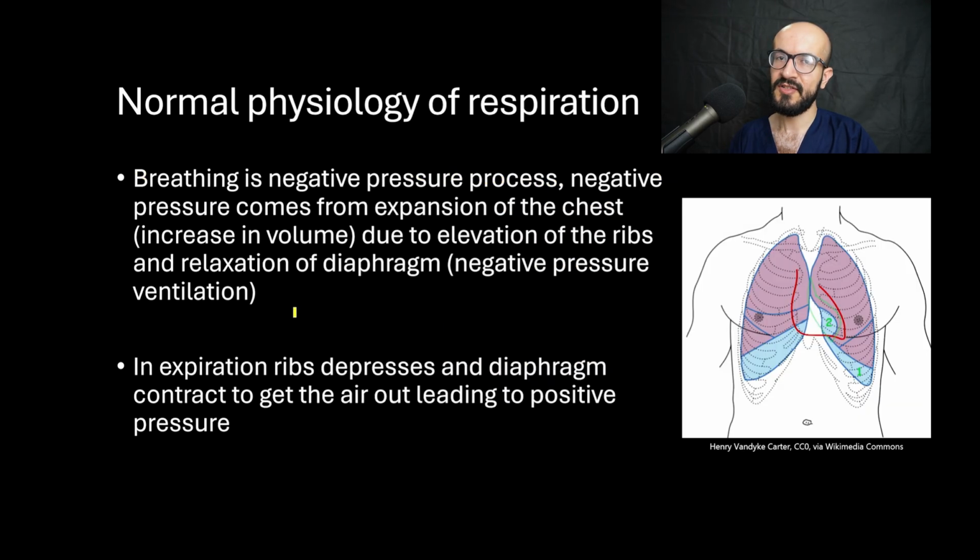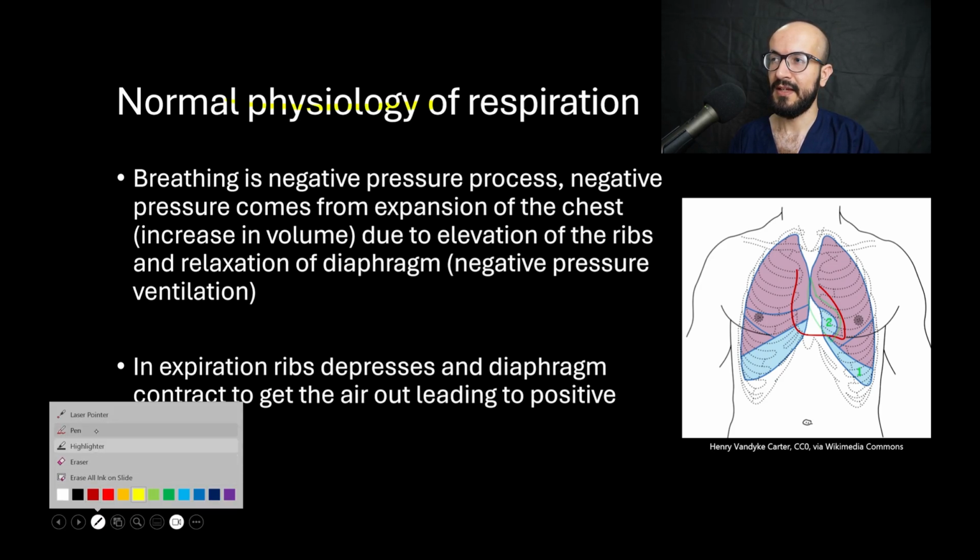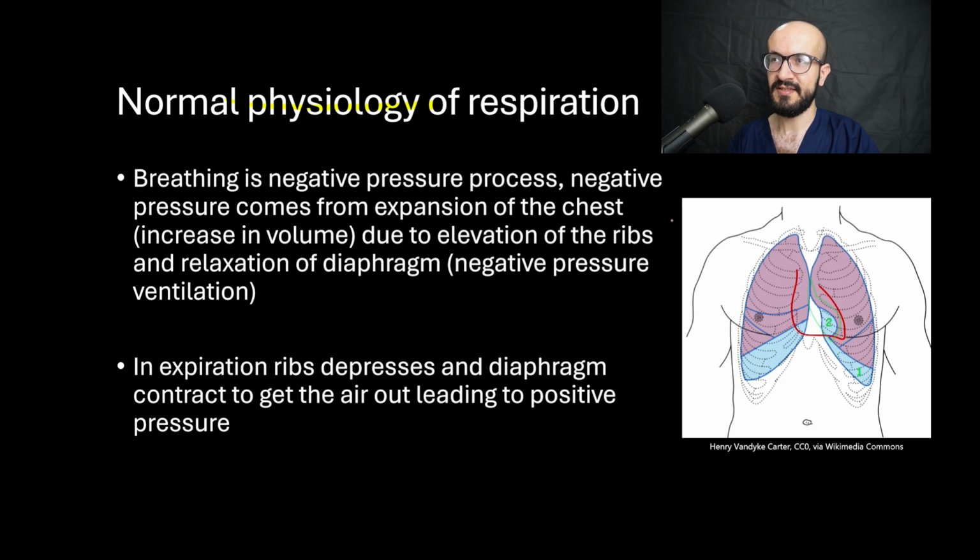Now let's talk a little bit about the normal physiology of respiration. Breathing is a negative pressure process, and the negative pressure comes from expansion of the chest, which increases the volume of the chest due to elevation of the ribs.